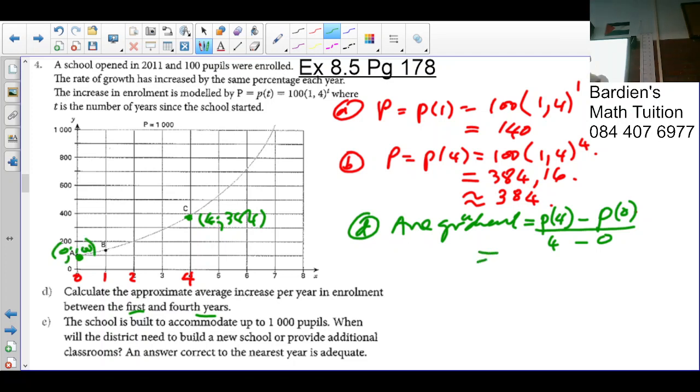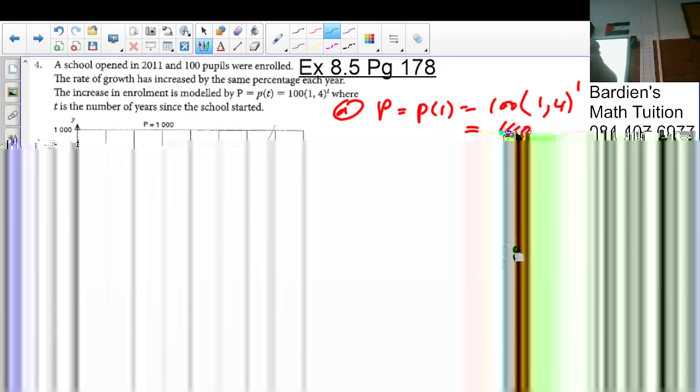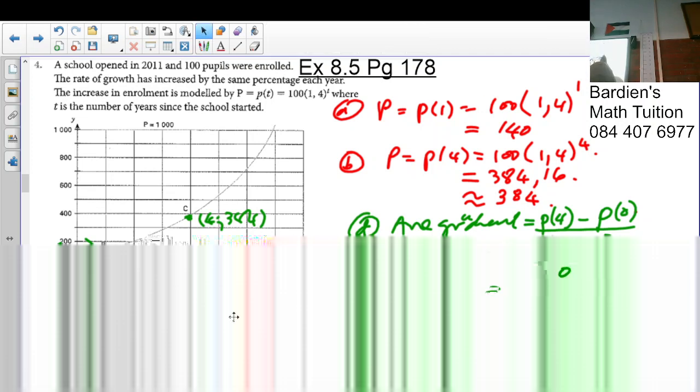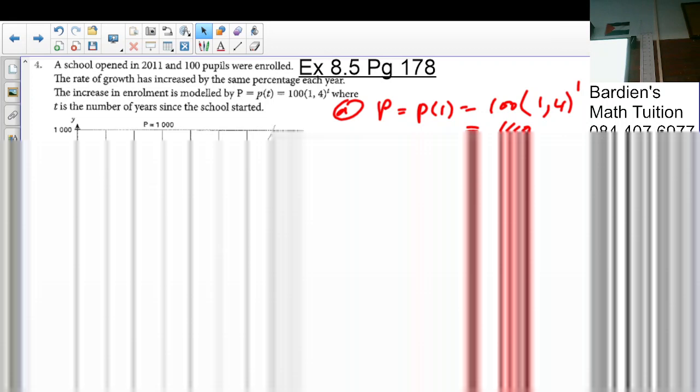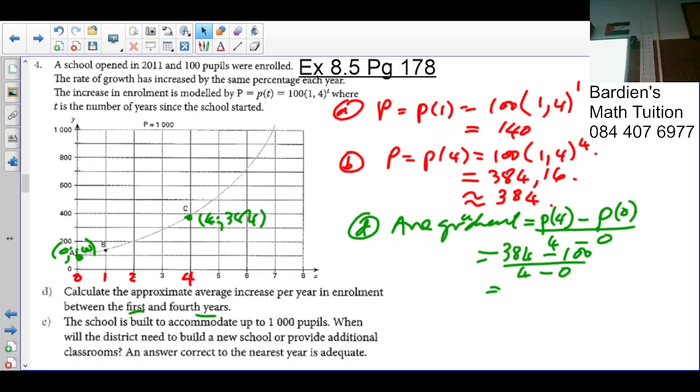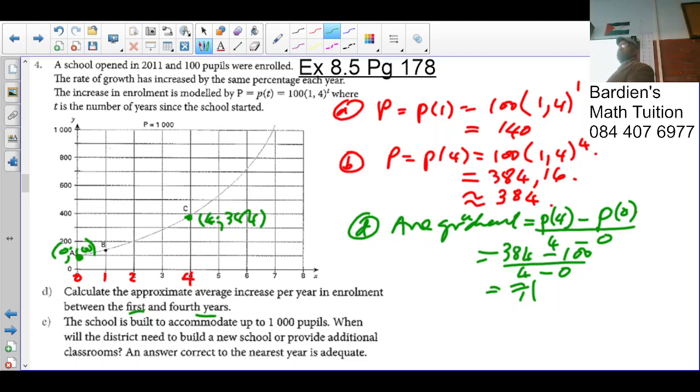So it's going to be 384 minus 100 over 4 minus 0. That gives you 71. So this school on average gets 71 new learners per year. Make sense?